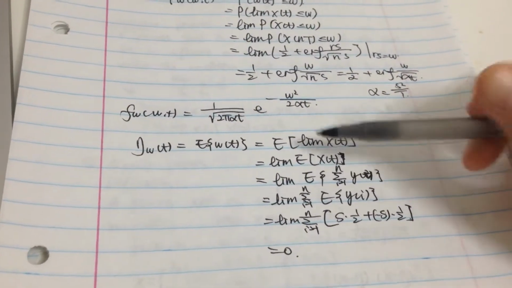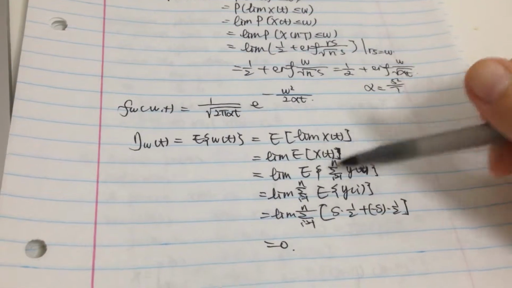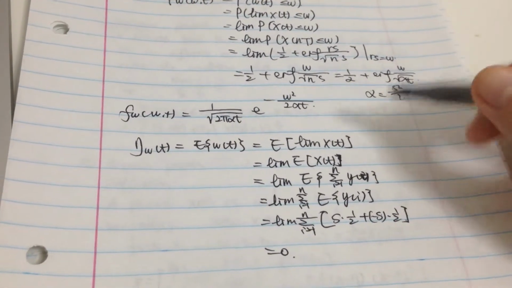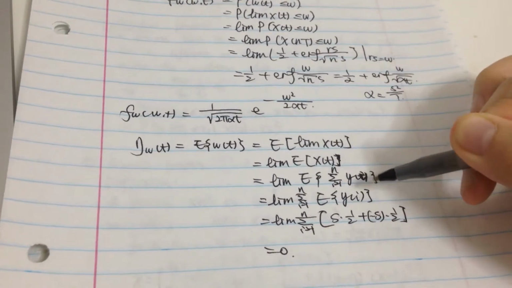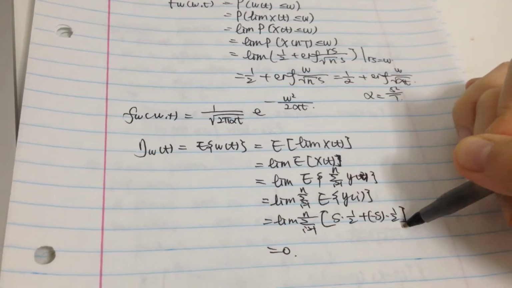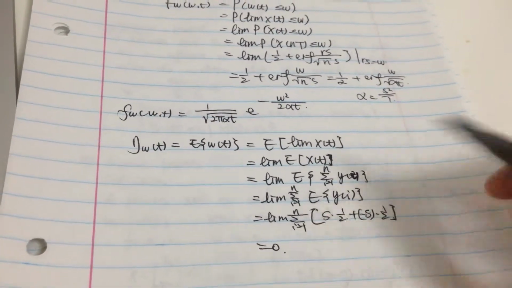So here is xt. For xt here we could use a similar way to what we just used in the last process. We just need to change it into y. So here's yi. Obviously this is 0, so here should be 0.